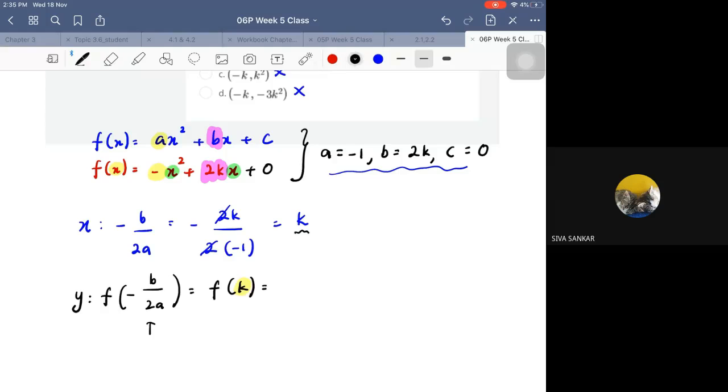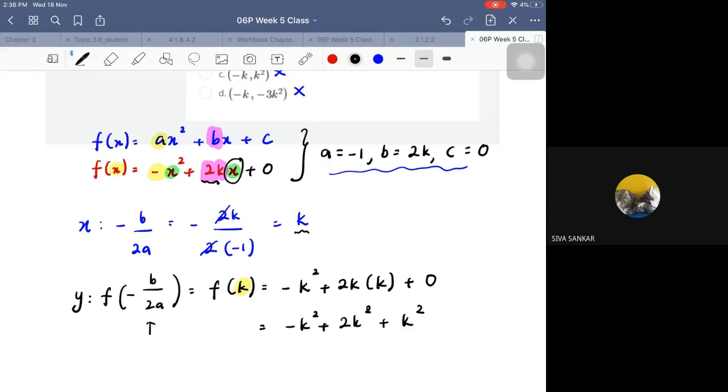So now my equation is going to be negative k to the power of 2, plus 2k. Anything else that is not x, just copy it down. But when I come across x, I replace it with k, and plus 0. When I simplify this, I will get negative k squared plus 2k squared. So 2 minus 1, that is going to be a k squared.